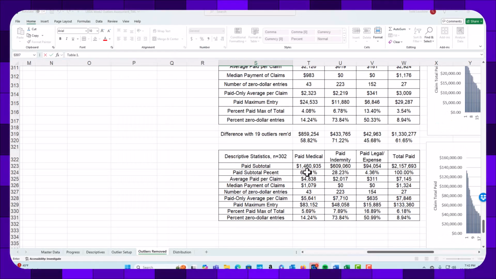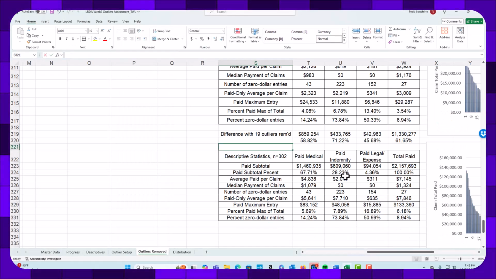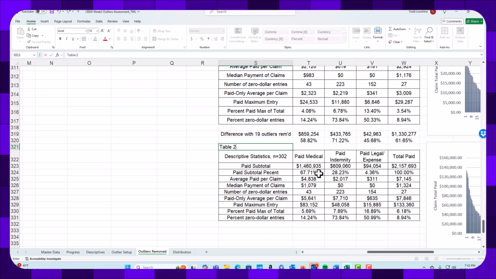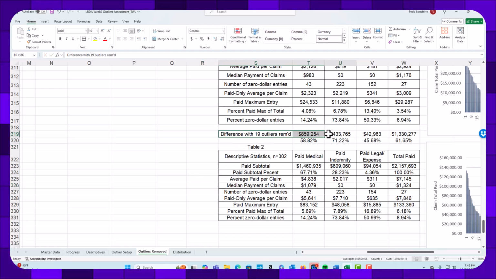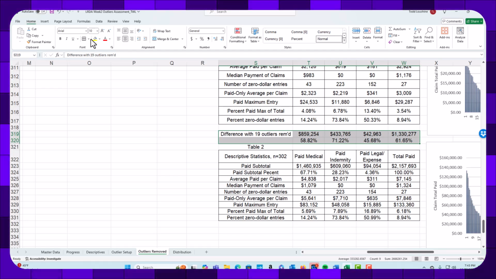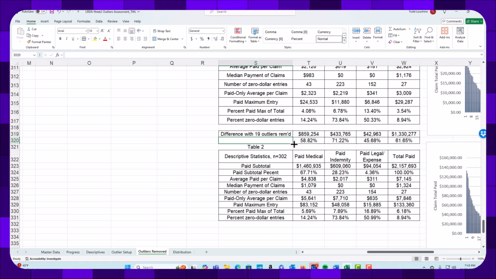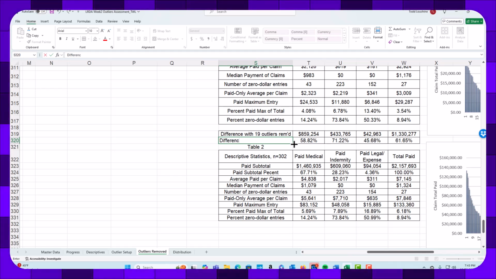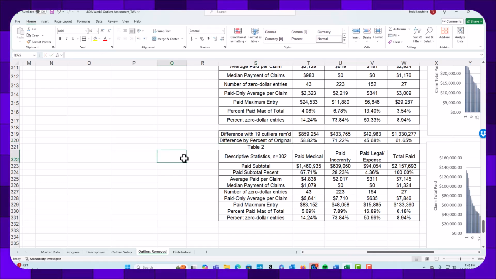I think what I'll probably do is call this Table 2. And if we want to, we could create a new table as well. We're going to have to add a header on it. Difference by percent of original. Because this could be 2A. That's probably a good thing.